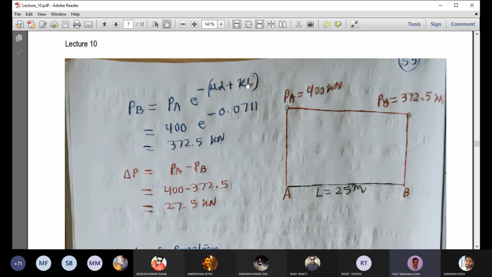And the wobbling coefficient can matter for both straight cables and curved cables, and that is simply K times L. Suppose the cable is straight, then alpha will be 0. There is no change in slope of the cable between end A and end B. So this term will go to 0. But still the wobbling coefficient can be there, and we can have loss of pre-stress due to the wobbling.